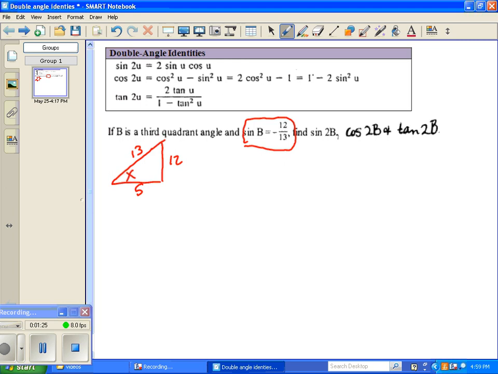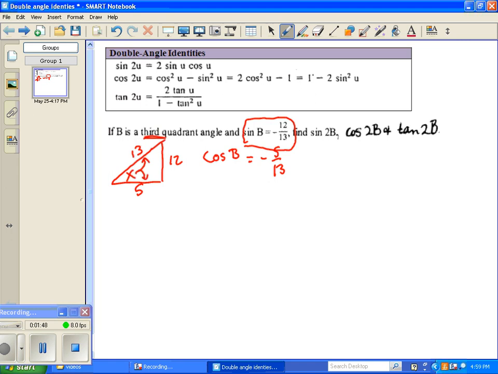So now sine of B equals negative 12 over 13. Cosine of B equals negative 5 over 13 because we have the adjacent over hypotenuse. Okay, and it's negative because we have the third quadrant, so it's a negative value.